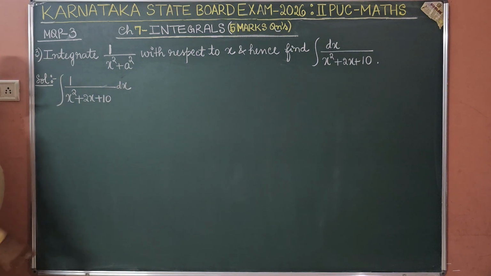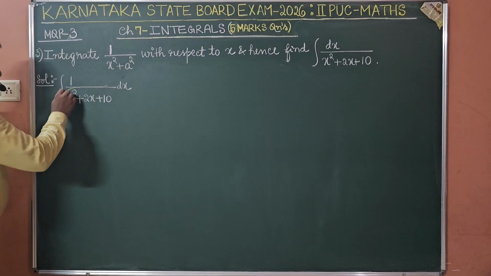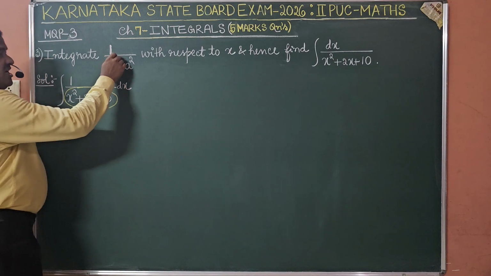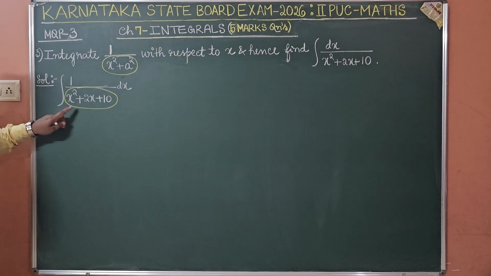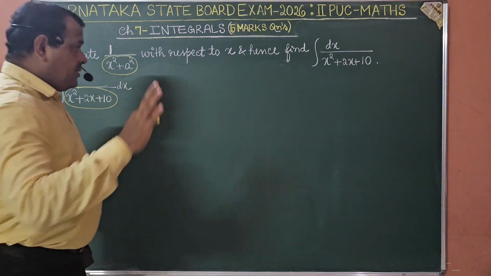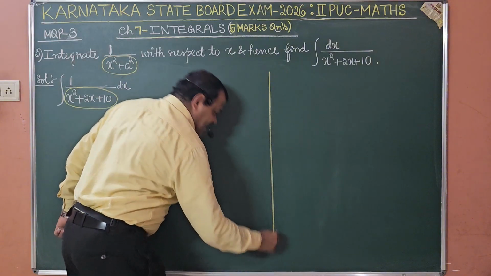And my dear students, this denominator should be converted into this form. How to convert? There is something called the completing the square method that I will teach you on this side.